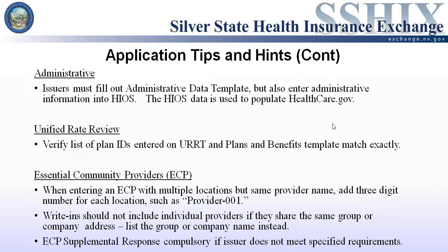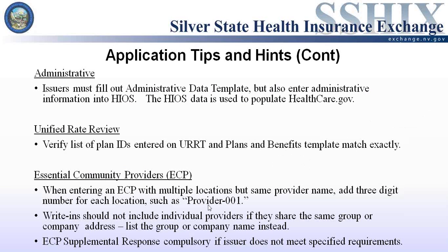Essential community providers: this is just making sure that you have the number of providers within your community. And if you're entering in an ECP with multiple locations with the same provider name, you want to add 3-digit numbers for each location.